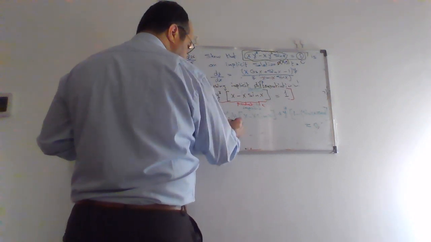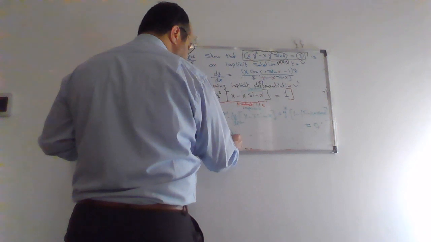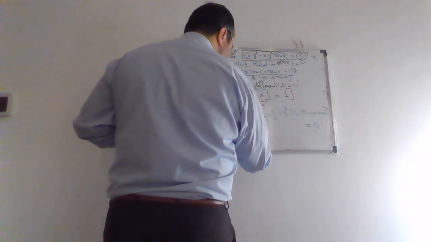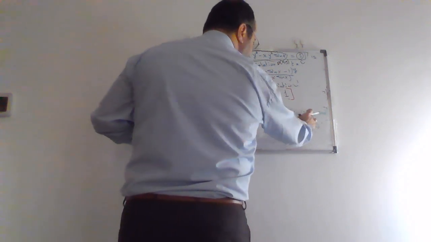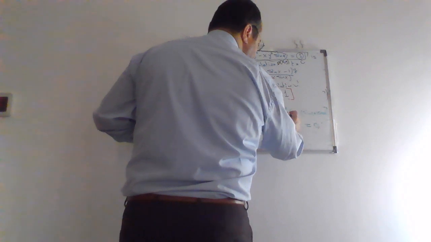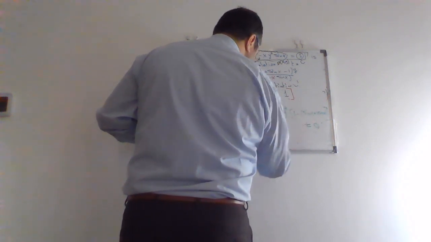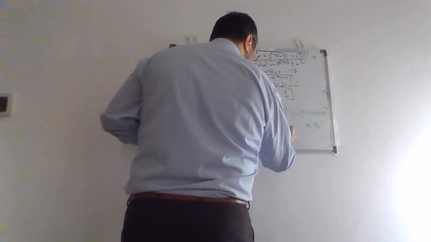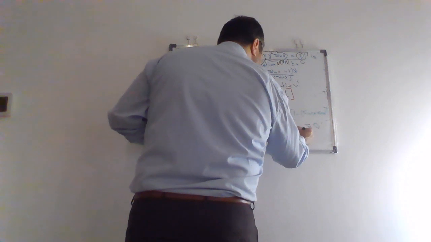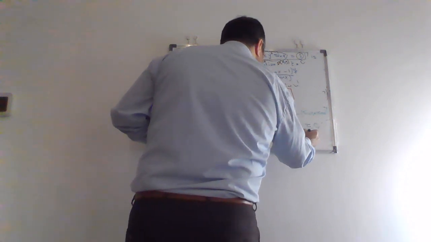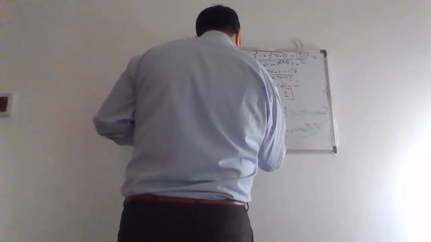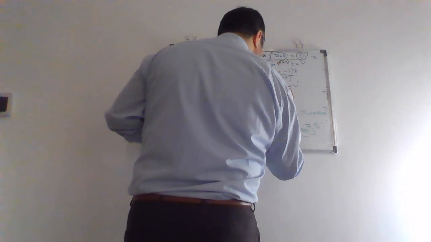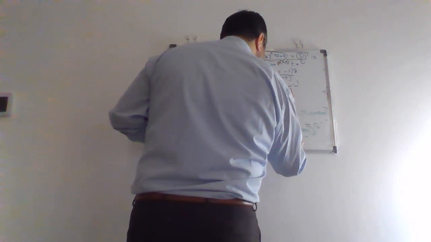You will have dy over dx equal, now this you take to the other side, then you get minus, so minus minus. Let me write it in two steps: minus 3, and then you have 1 minus sine x plus x cosine x, and this is divided by 3y squared, and then here we have x minus x sine x.